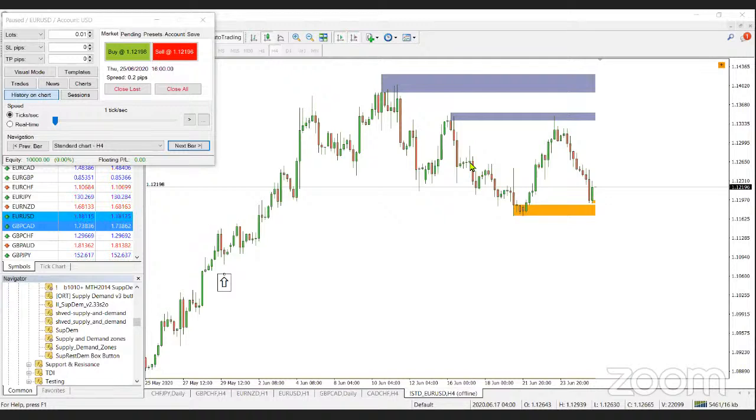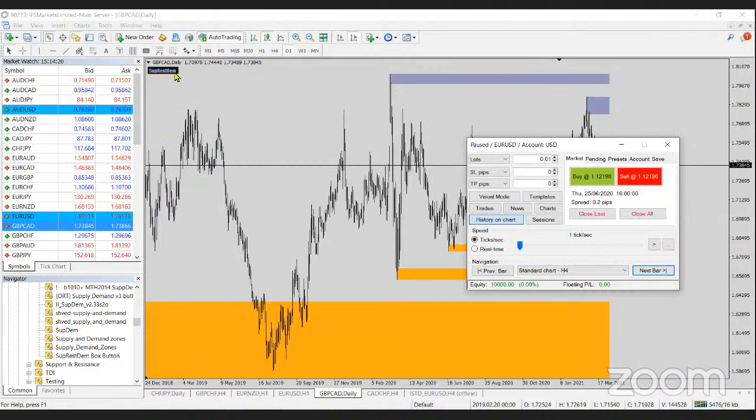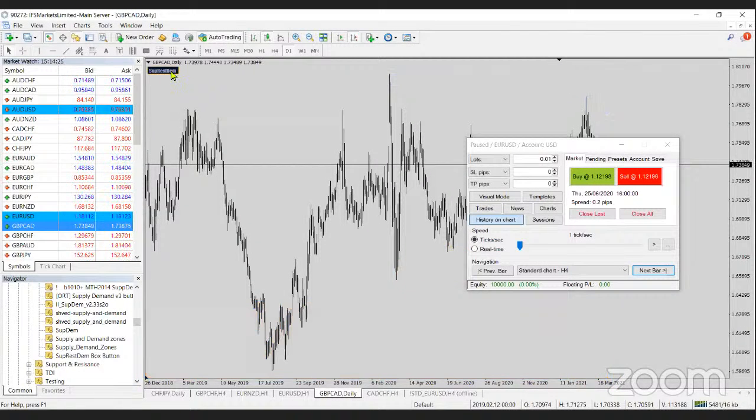Hey Gary, no, this is not the name of an EA, this is an indicator. So from the link that you all download, just look for the indicator supply and demand. This one actually has a button. You can enable or disable it, which I think is kind of useful.